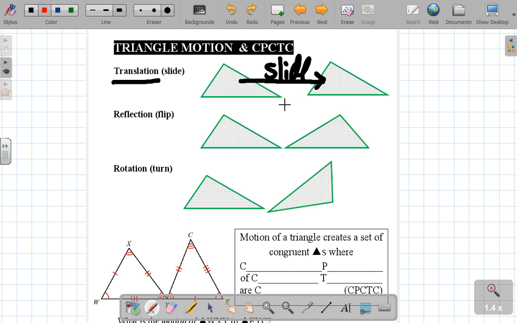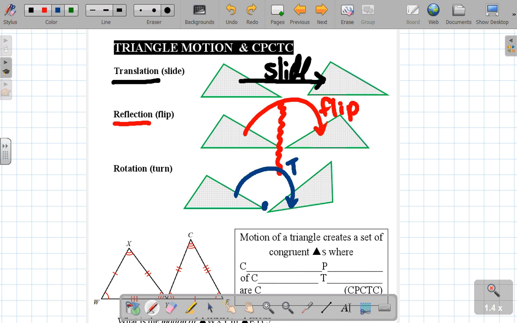Then imagine if you had a mirror and you simply flip over. That is called a reflection. Imagine one of these corners being anchored, and then you simply rotate or turn around. That is rotation. Translation, reflection, rotation.